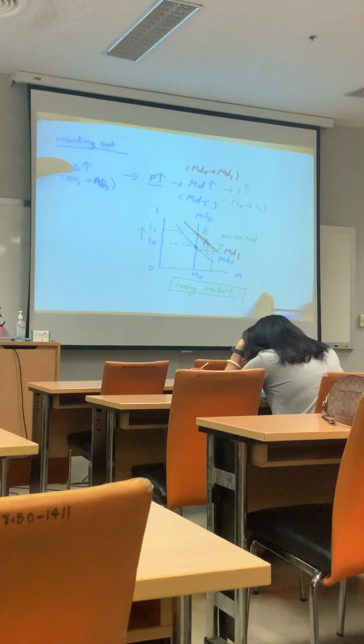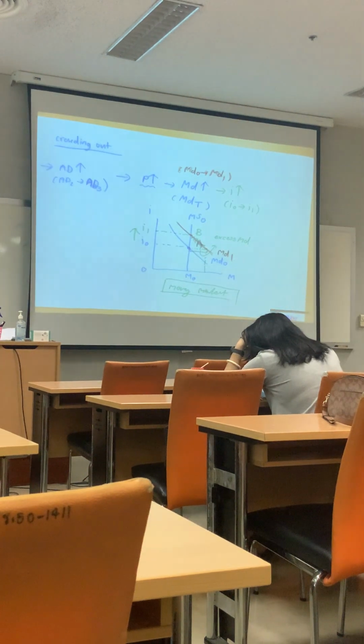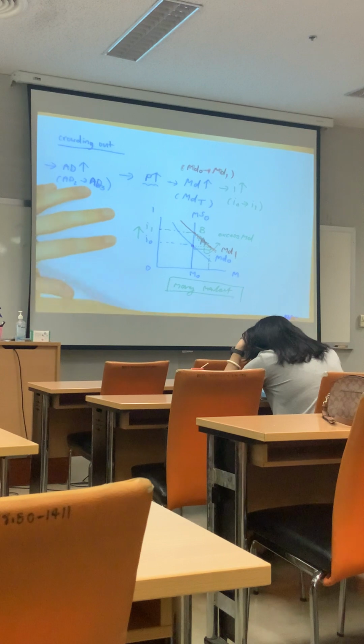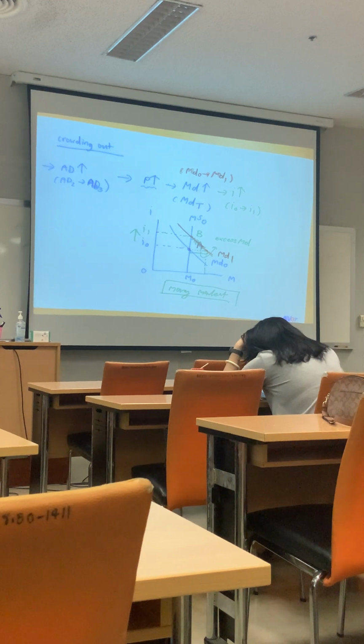When interest rate increases, what happens? So we'll find that when interest rate increases, interest rate is the cost of borrowing, or it will be the money market rate. So this one, little i, represents the money market rate, which is a composite of the loan rate and also the deposit rate.